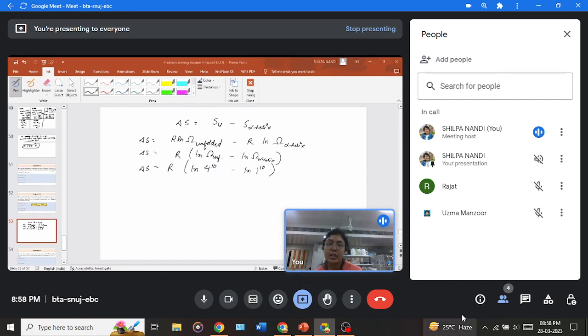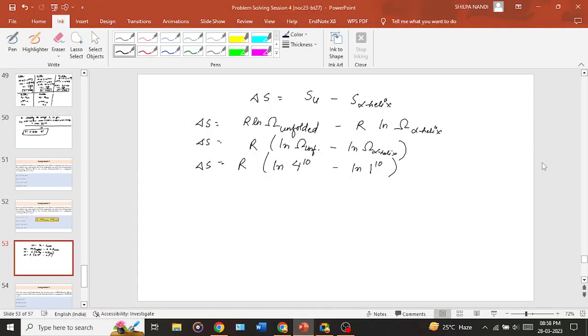So R is our gas constant. You may take it as 8.314. So if I write it, R is my gas constant, which is 8.314 joule per Kelvin per mole, right?